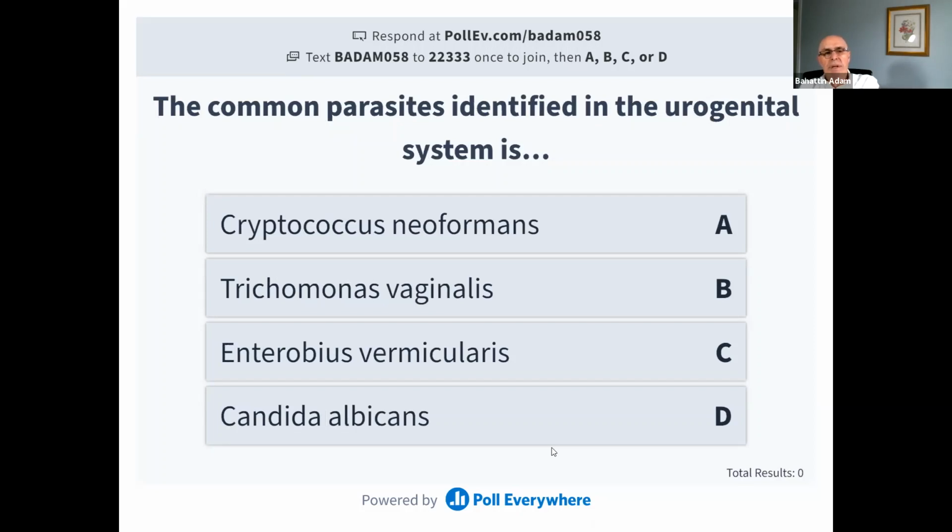Okay, the common parasite identified in the urogenital system is Cryptococcus neoformans, Trichomonas vaginalis, Enterobius vermicularis, Candida albicans. The most common parasite identified in the urogenital system.